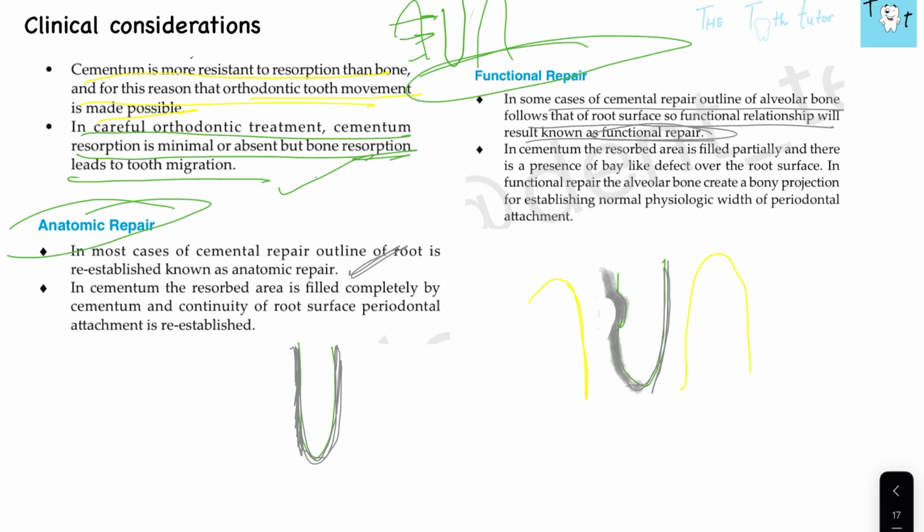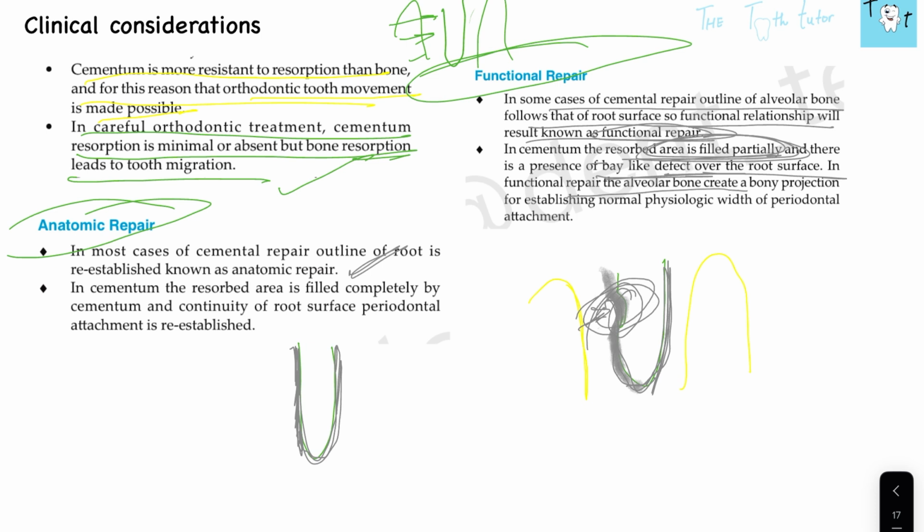In this type of repair, you can have areas that are partially filled like these, and there can be presence of bay-like defects over the root surface. This can appear as a defect, but it's not. Sufficient cementum is deposited over here for its function. Maybe there was some resorption, but sufficient is deposited.